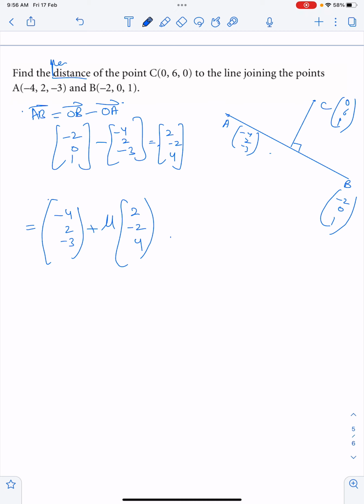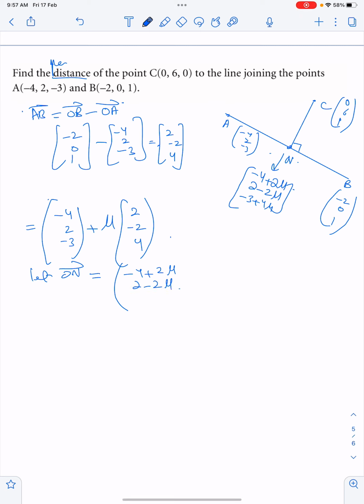Now I'm calling this point N, and for a certain value of mu, if you get the value of mu for this point, you can plug it in here and get the coordinates. Let ON equal (-4 plus 2 mu, 2 minus 2 mu, -3 plus 4 mu).